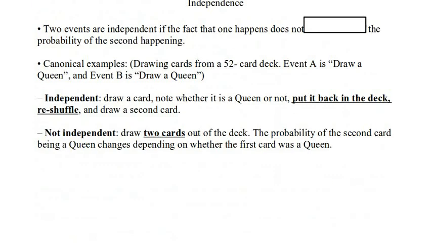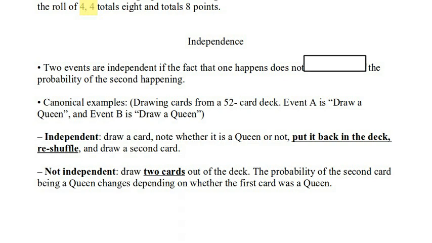Independence is the next big idea that we need to define and talk about. Two events are independent if knowing that one happens does not change or alter the probability of the second happening. So I know something's happened, and then I ask what the probability of that second event happening is.